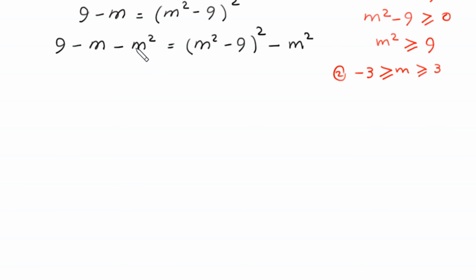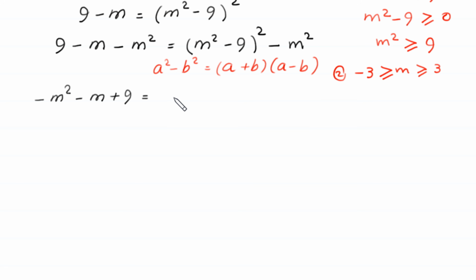Now we rearrange this expression as negative m squared minus m plus 9 is equal to, we have difference of two squares, so by using this algebraic identity, a squared minus b squared is equal to a plus b times a minus b.